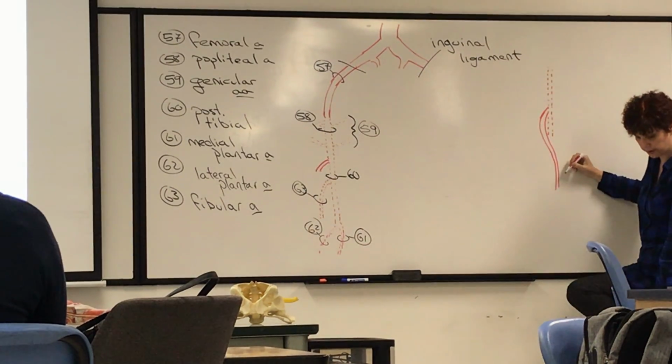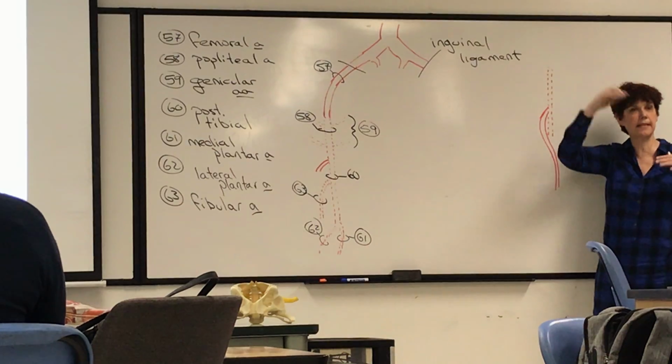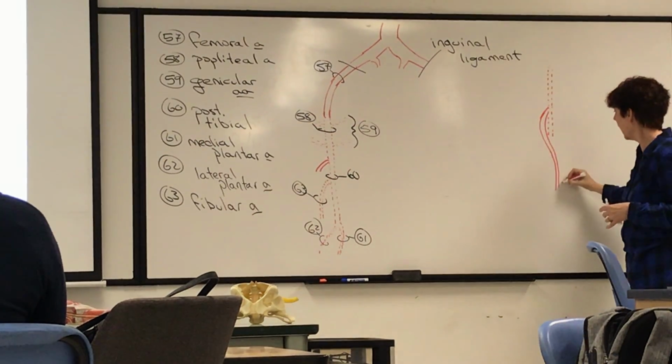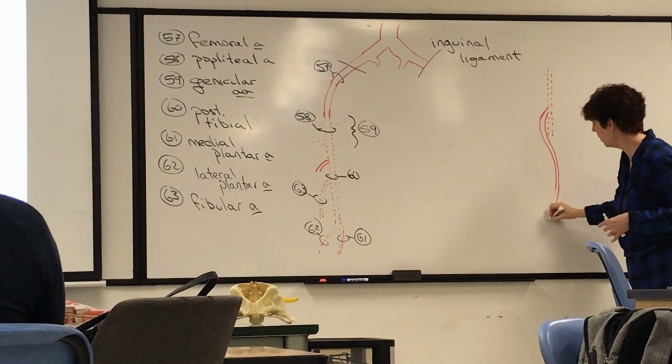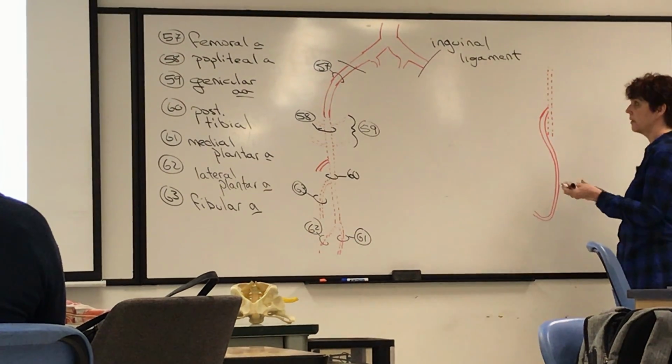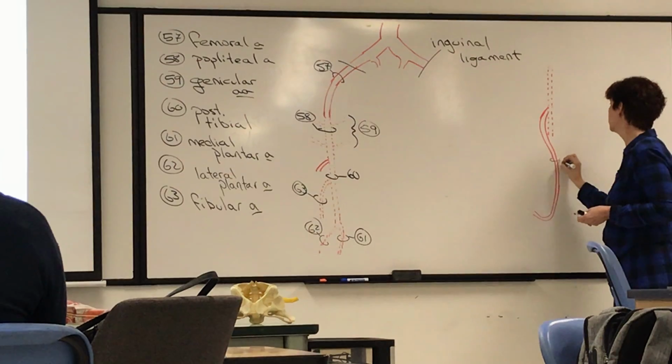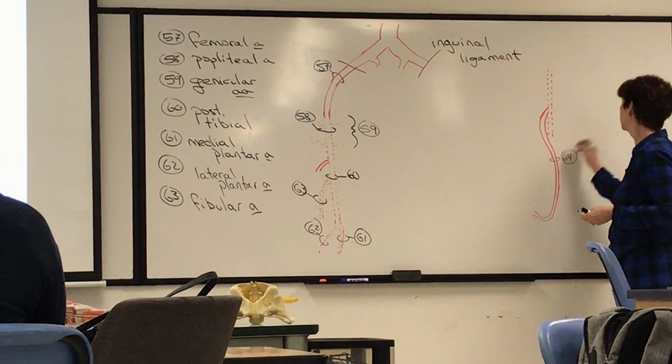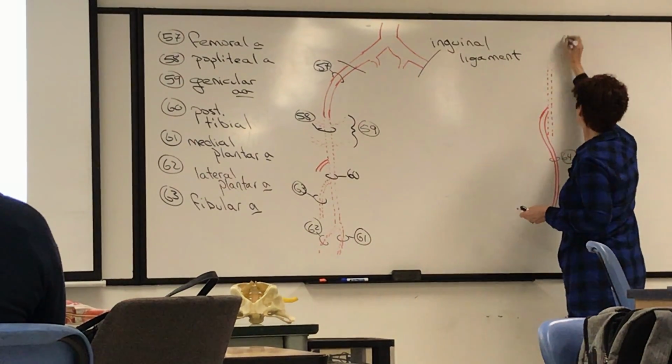Also crosses over to the medial malleolus, but stays above it, and then curves around onto the top of the foot. So we have 64 for anterior tibial artery.